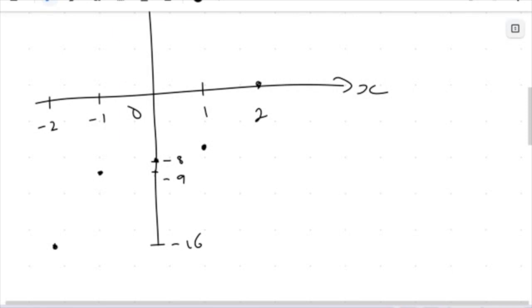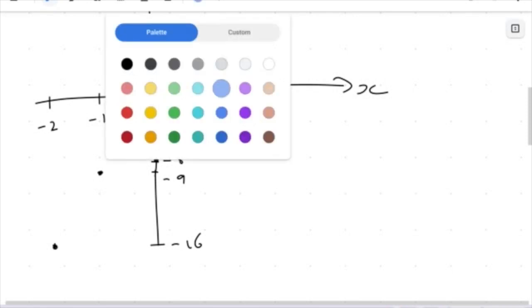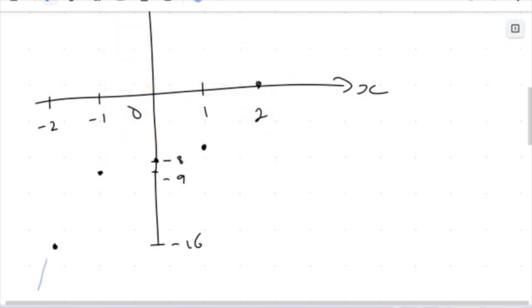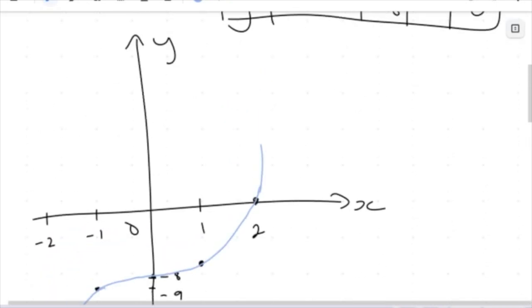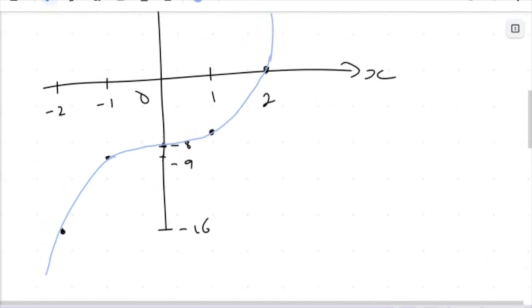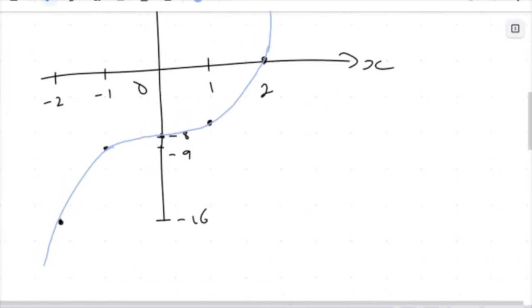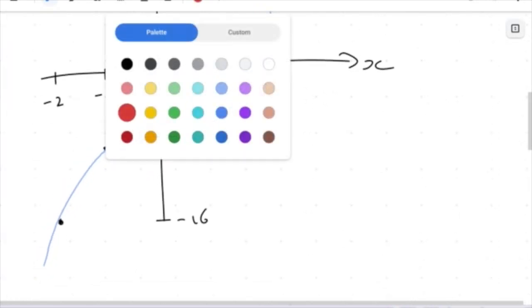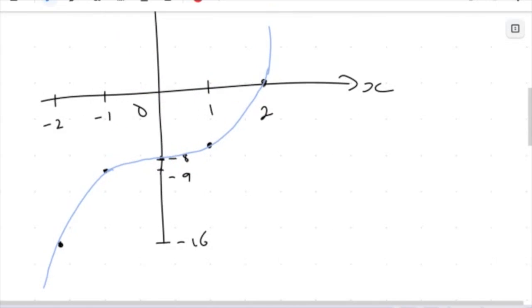Okay, so if I go ahead and sketch this, I can see that connecting these dots once again gives me a cubic. But what's different about this cubic? Well, we can see normally our y equals x cubed one would look something like this. So what's actually happened?